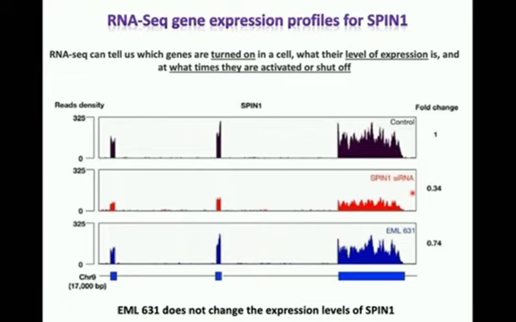That means here that EML631, although we are trying to prove that it inhibits the function of Spin1, doesn't affect the expression, only by 25%. So that means EML631 affected the protein after its translation, not its expression. It only affects its expression by 25%, okay?